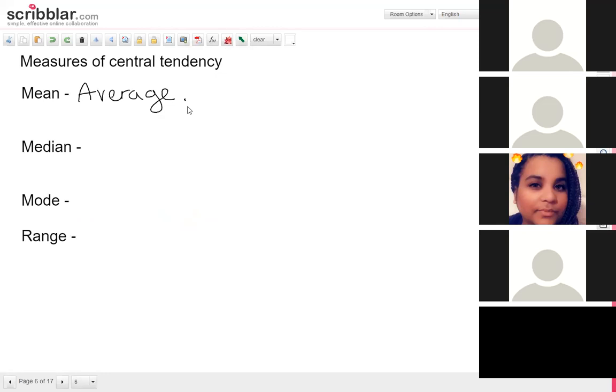Statistics is you've collected a bunch of information. Now we want to analyze this information and find more about it. So to find the mean, you add all the data you have together, and divide by however much data you have.